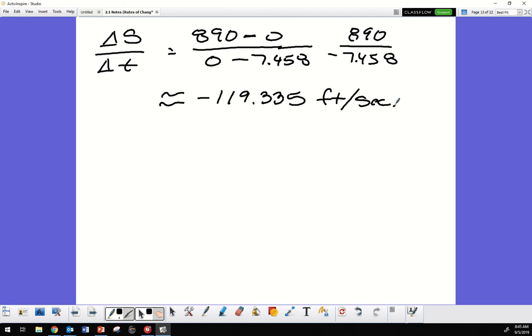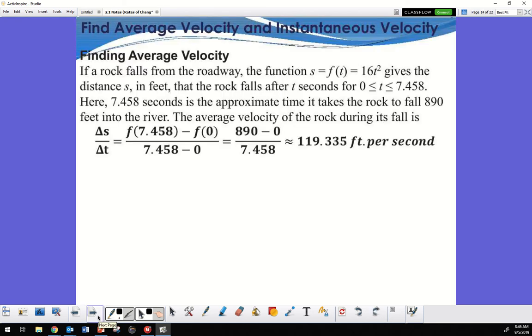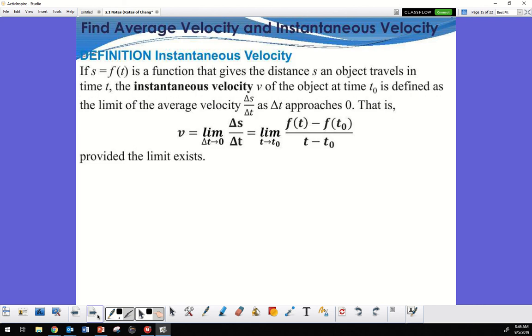But that's the average speed over that time. Now does that make a little bit more sense? So at the beginning, I'm not going so fast, but at the end, I'm going super fast. Okay. All right. Bam.